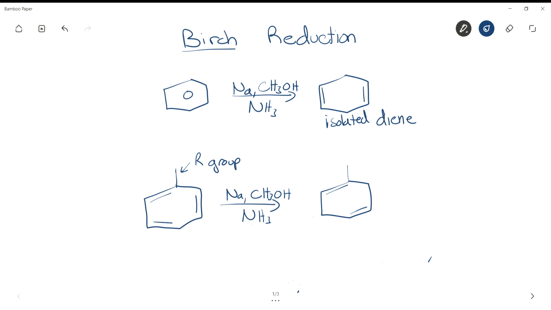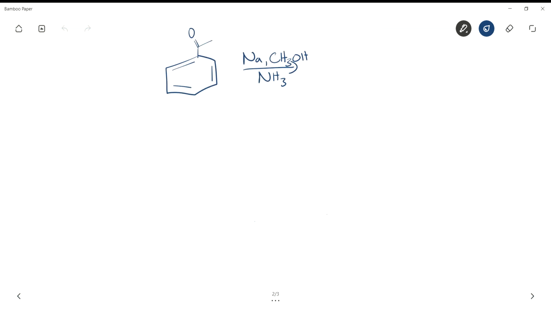Now let's look at what would happen with an electron withdrawing group. So this is a benzophenone. The benzene has a ketone attached to it, and so the ketone is electron withdrawing.